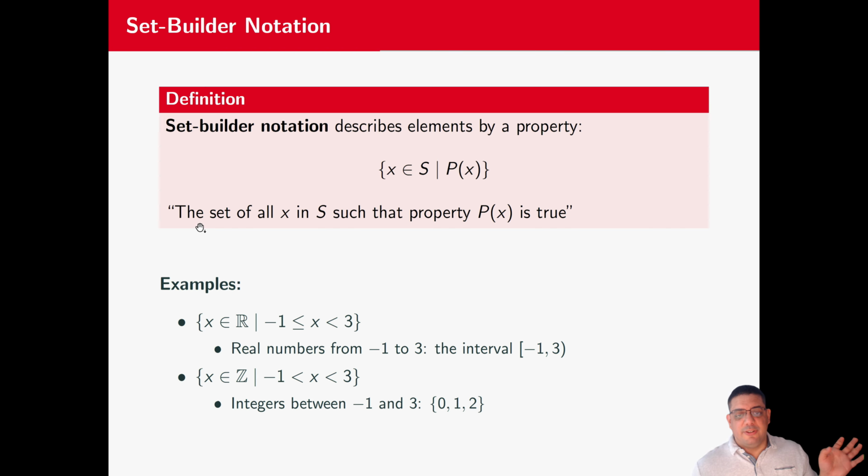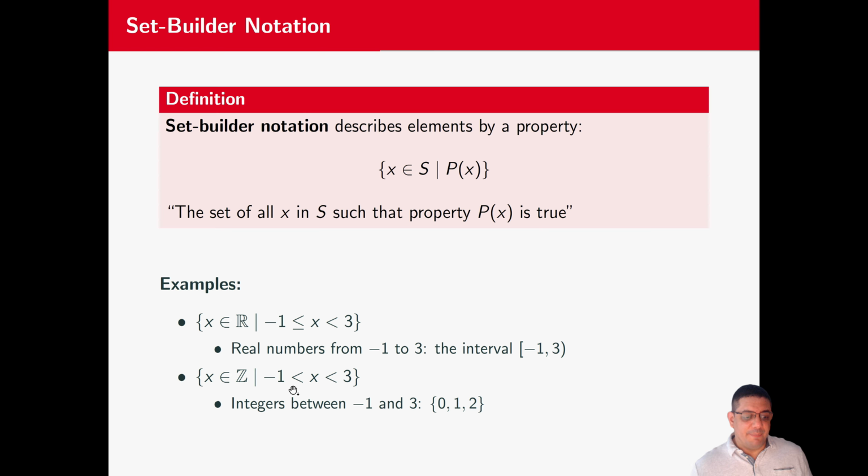This can be read as the set of all x in S such that property p of x is true. An example of that would be the x that belong to the real numbers such that x is bigger than or equal to -1, but less than 3. That is essentially the real numbers between -1 and 3, without including 3 at the end.